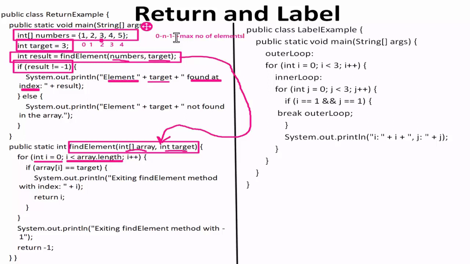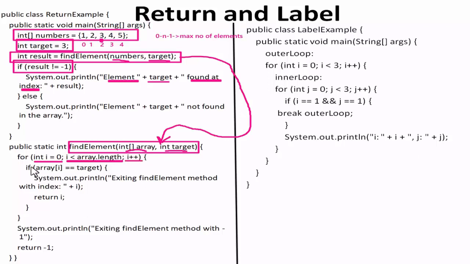So until the last element, this particular loop will be executed. Array.length means maximum length minus 1, it means 0 to n minus 1. Until 0 to n minus 1, this loop will be executed, and here we are going to increment the i, i plus plus.